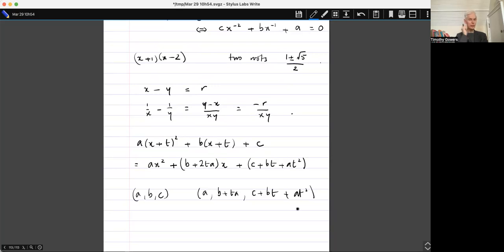Ideally something reasonably symmetrical, so I'd also like c, b, a to have the same invariant.